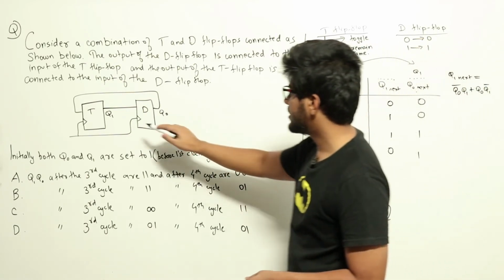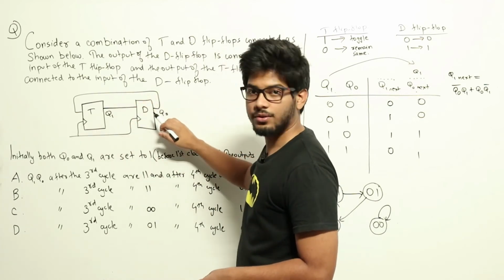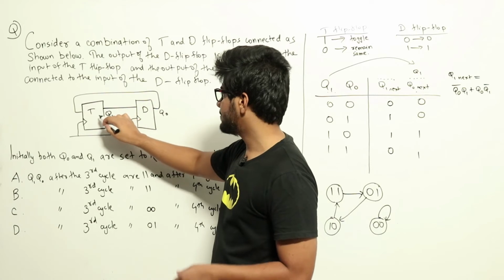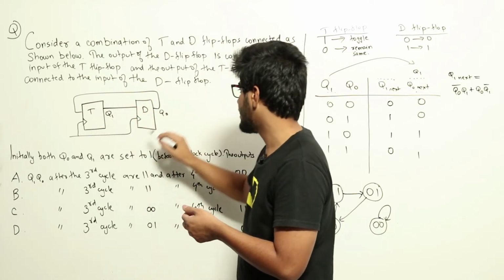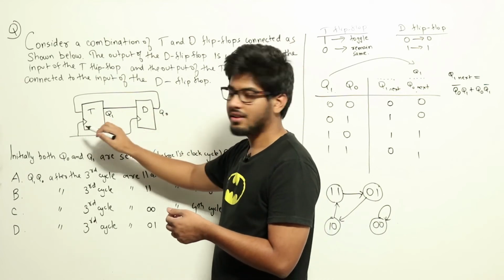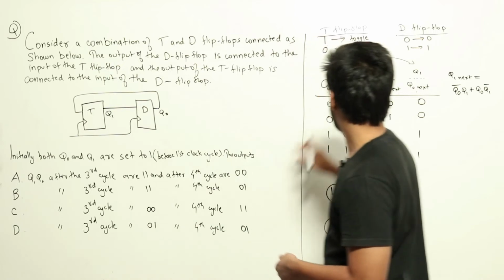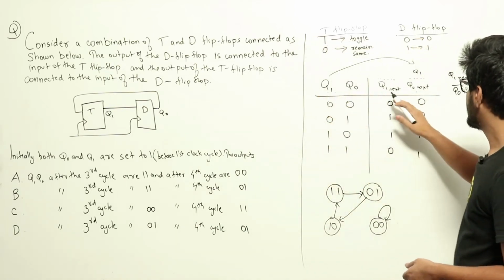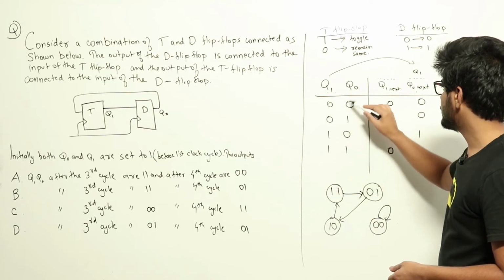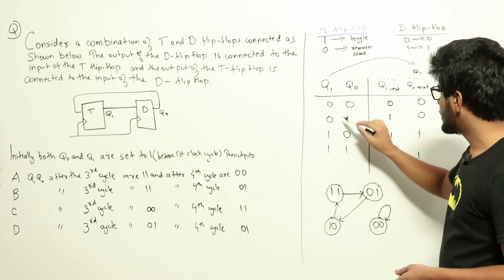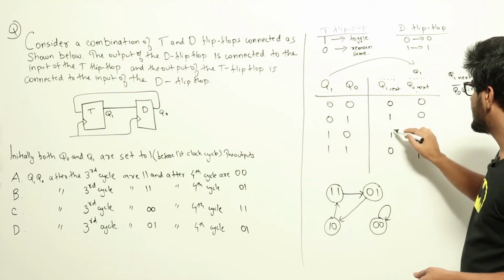Now let's look at the T flip-flop, whose input is Q0. If Q0 is 0, Q1 will remain the same, whatever is in Q1. And if Q0 is 1, whatever is in Q1 will be toggled for Q1 next. In these 2 states, Q0 is 0, so Q1 next is the same as Q1, which I write straight here: 0 and 1.